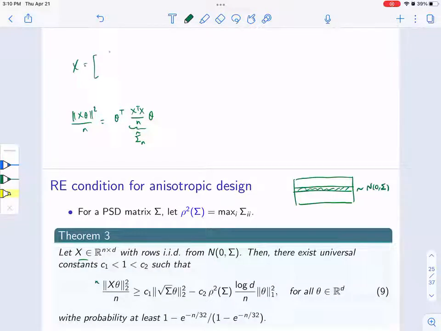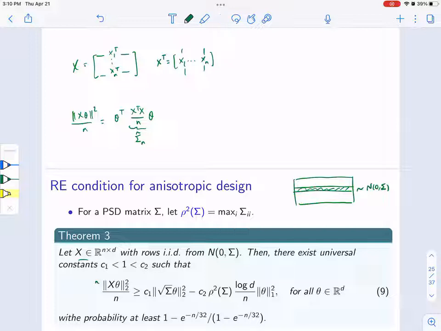Think of x as x1 transpose up to xn transpose; these are the rows. So x transpose would have x1 up to xn as columns.